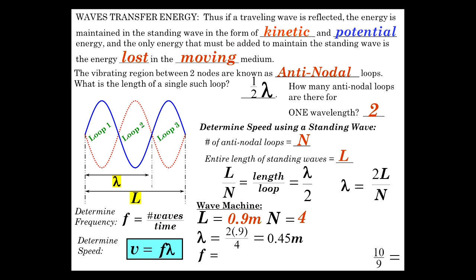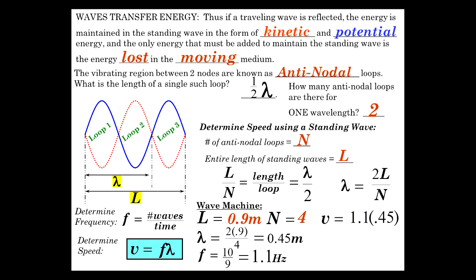You can measure the frequency, and when we do that, we get the number of waves per time. If we count 10 of them, 1, 2, 3, 4, 5, 6, 7, 8, 9, 10, divided by the time it takes, in this case 9 seconds, that gives us 1.1 cycles per second, 1.1 hertz. So there's the frequency. Now we're going to do the wavelength. Speed is frequency times the wavelength.